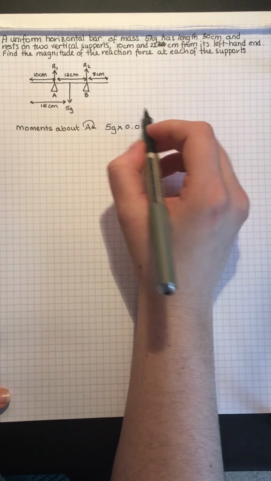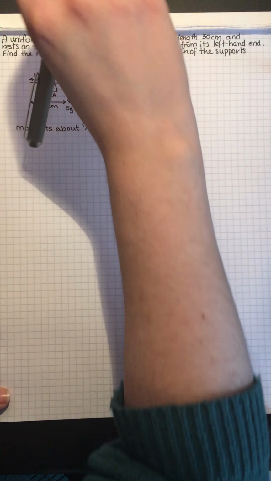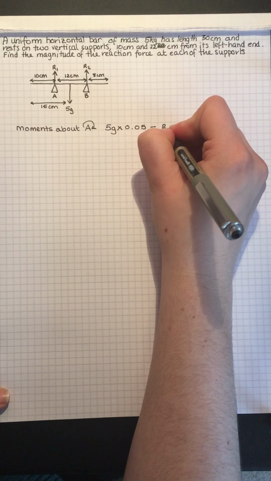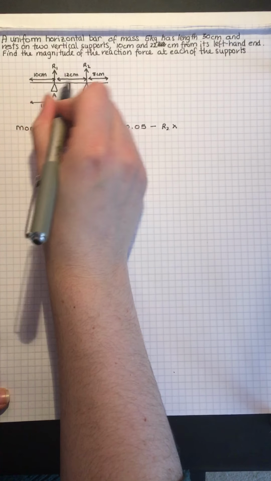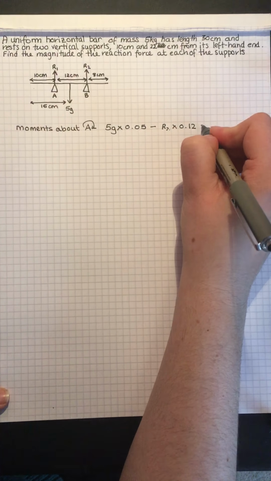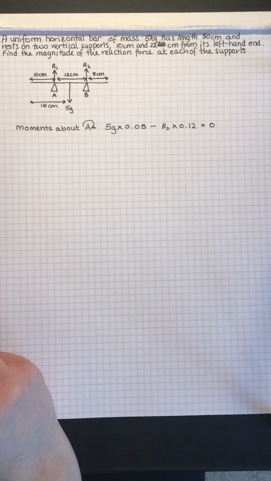Then R2 is going to go anti-clockwise, so that's a negative moment here. We're going to have R2 times the distance from A, which is 12 centimeters, so 0.12. Now it's not moving, so that's going to equal 0.